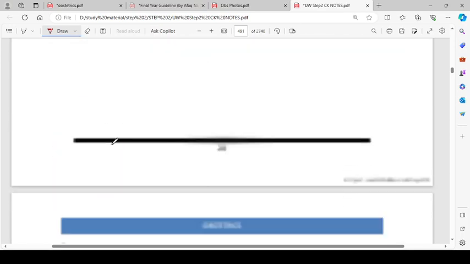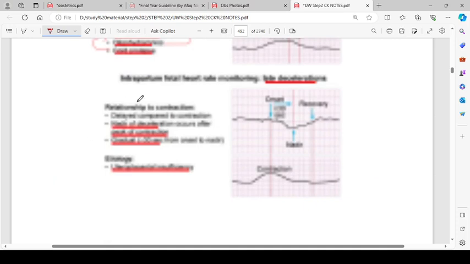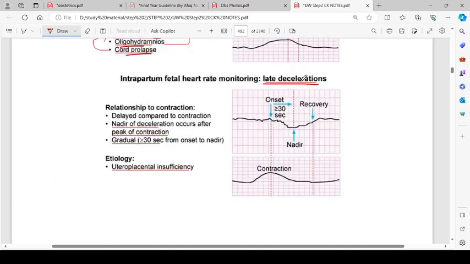So here we have the relationship to contraction in late deceleration. Etiology is uteroplacental insufficiency. The relationship to contraction is that it is delayed compared to the contraction. So this deceleration is delayed in comparison to the contraction, which is happening over here. The nadir of the deceleration occurs after the peak of the contraction, right?